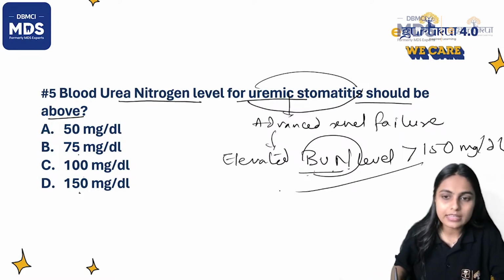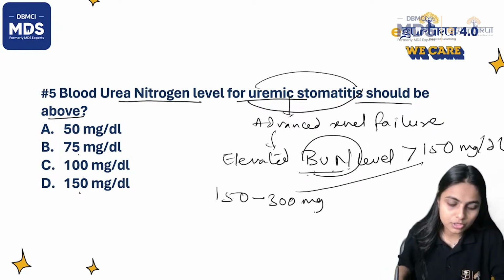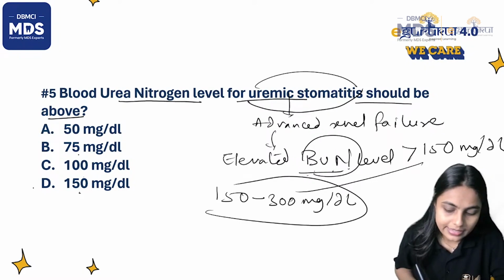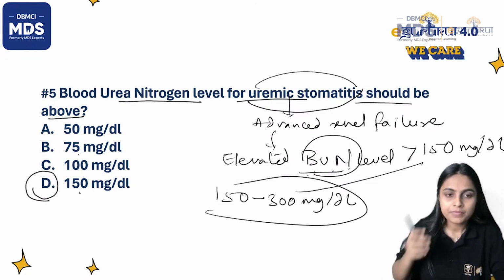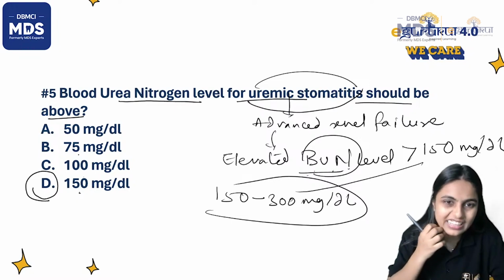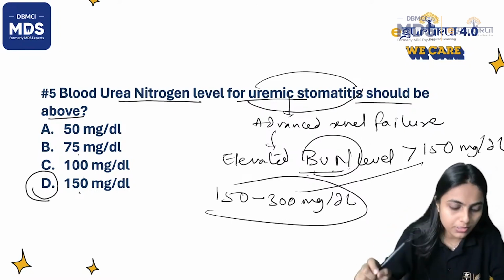Basically it should be 150 to 300 mg per dl. So our answer is option D. In uremic stomatitis, blood urea nitrogen level goes beyond 150 mg per dl.